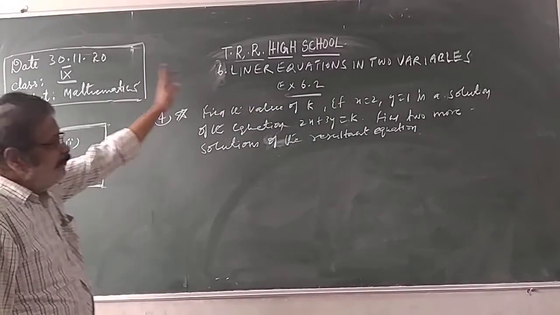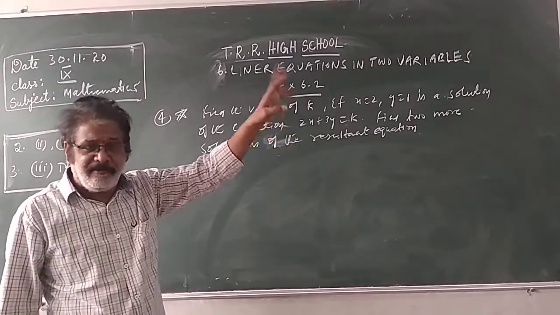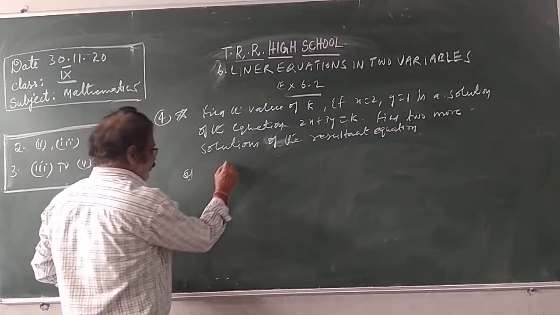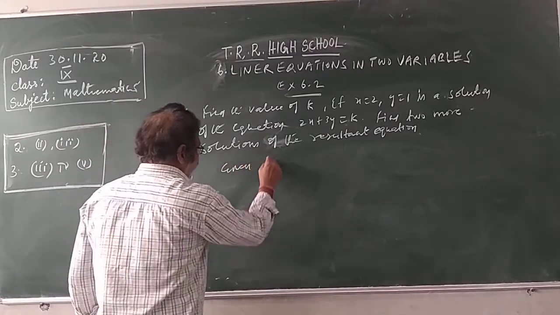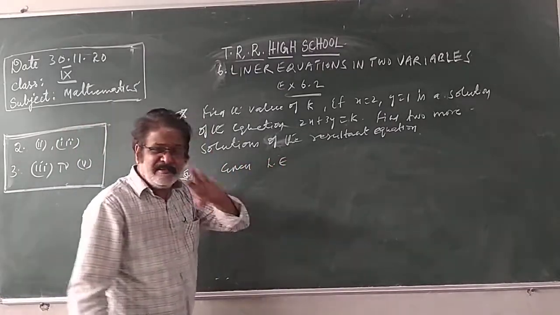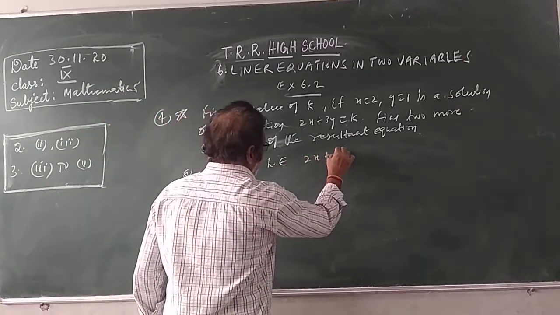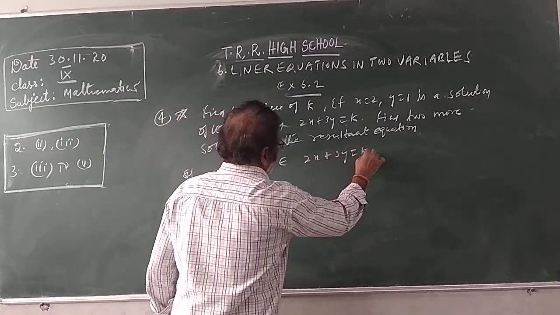So, find the value of k if x is equal to 1 and y is equal to 1 is the solution of this given equation. What is the given linear equation? Given LE, LE means linear equation. Given linear equation is 2x plus 3y equal to k.